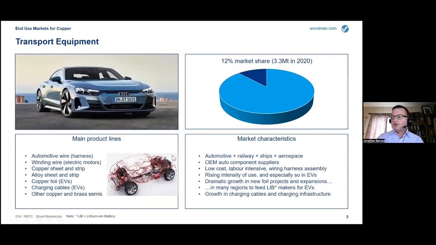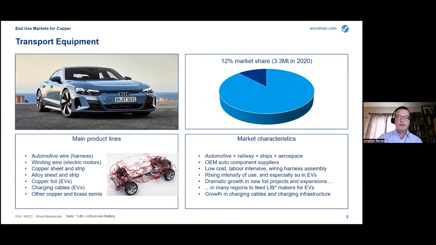Of course, transport, very important area for copper as well. It's Audi e-tron there in the picture. But although I've tended to focus on autos here, it isn't just that, it's automotive, it's railway, ships and aerospace. The major product lines that we're looking at here: automotive wire, which is consumed in the harness. You can see a picture of it there in the bottom.